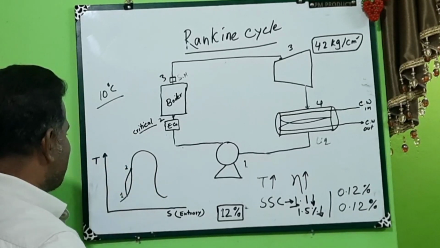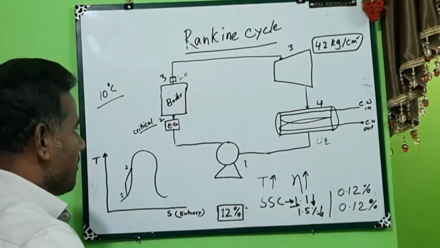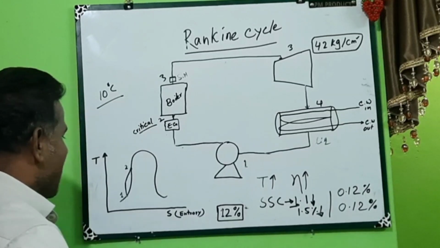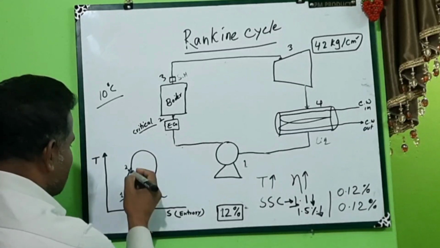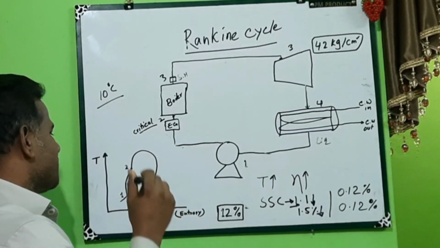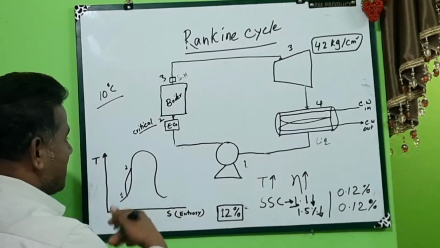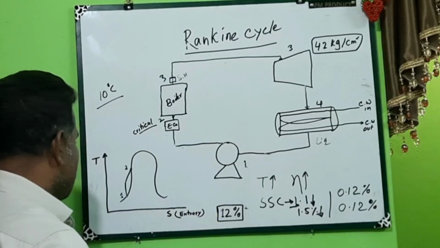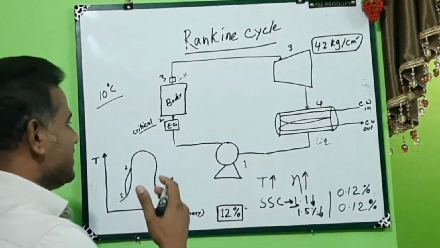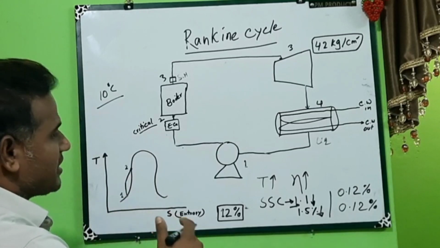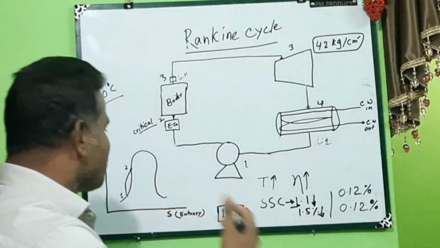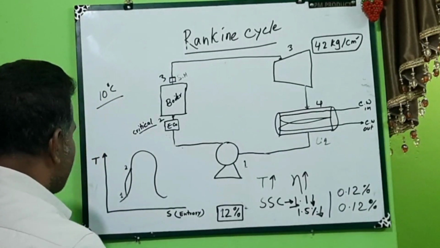After coming to this point, the liquid boiling will be complete and the liquid will be saturated. At this point, if you provide more heat, the temperature will not increase, only the phase will change. This wet saturated steam slowly converts to dry saturated steam.